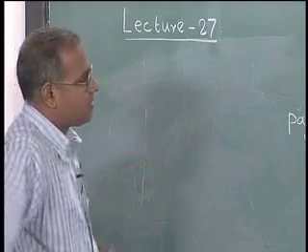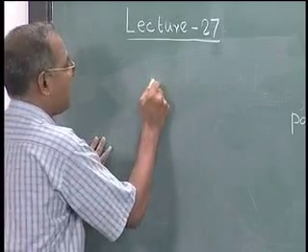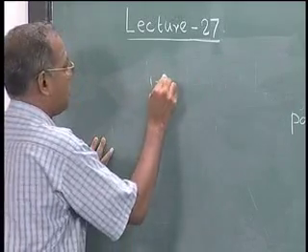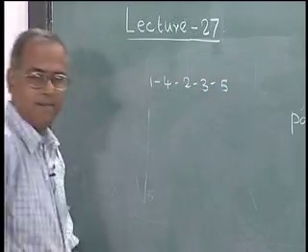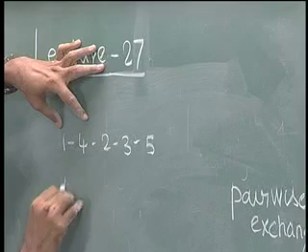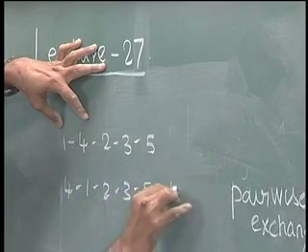Let me just write down those 10. The first one would be, the given one is 1 4 2 3 5 1. So the first pairwise exchange gives 4 1 2 3 5 4.